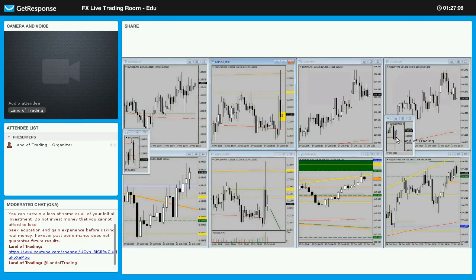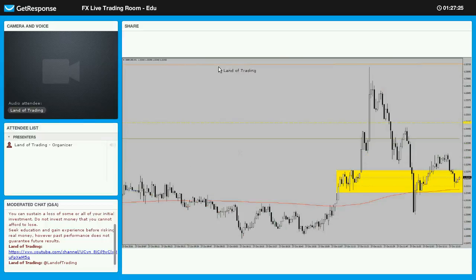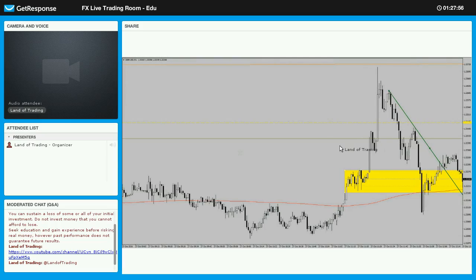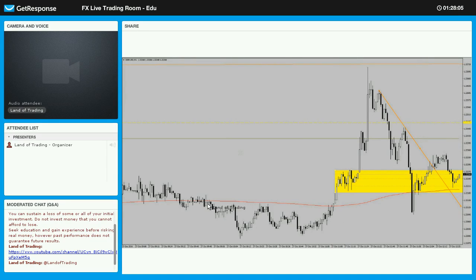Let's have a look where we are. Euro pound doesn't look good as well. Bulls are trying.